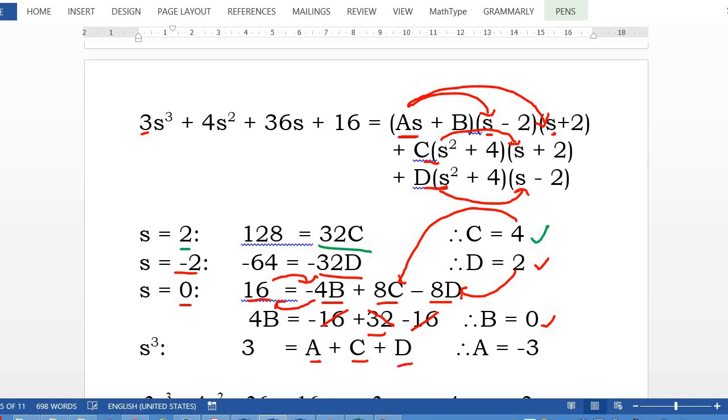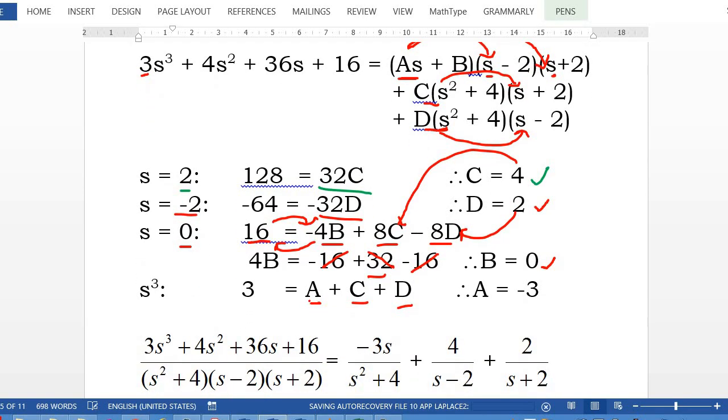Why do we take the highest degree term? Because we just multiply the first term. If it takes a middle term like a linear term, then you need to expand everything and collect it. So we always take the highest degree term and always let s equal to 0, because it is easy to calculate with s equal to 0.